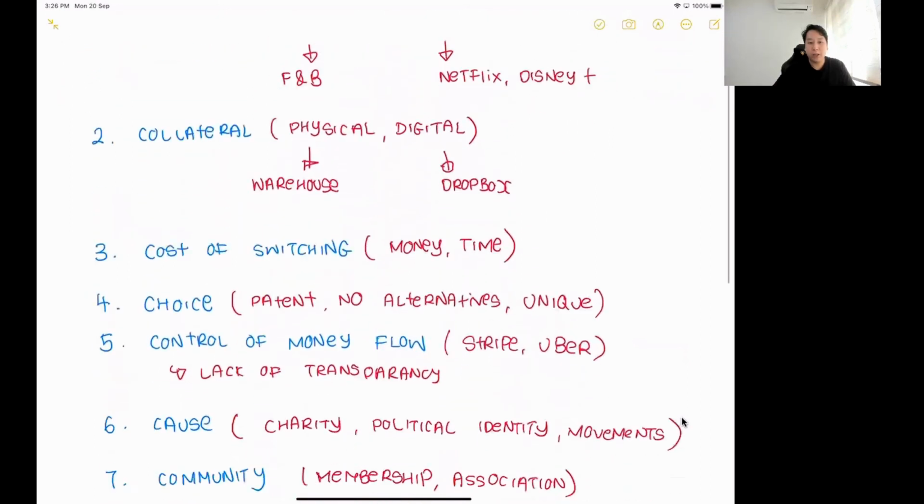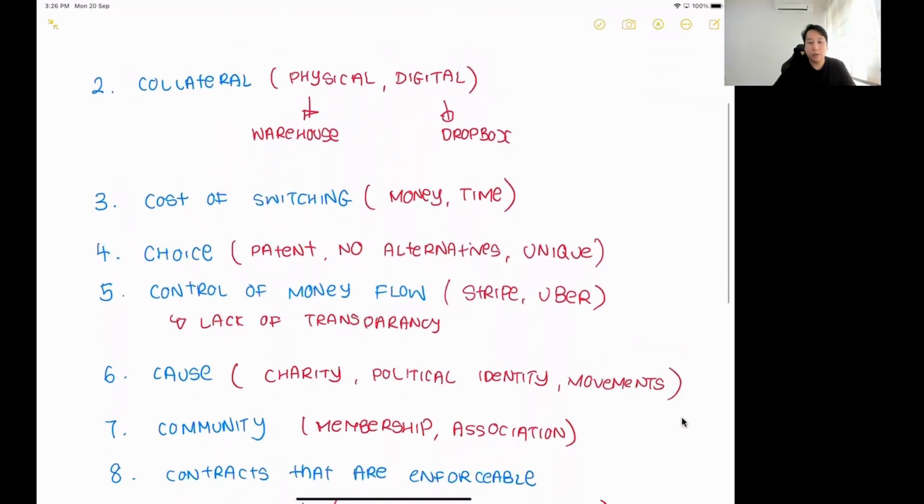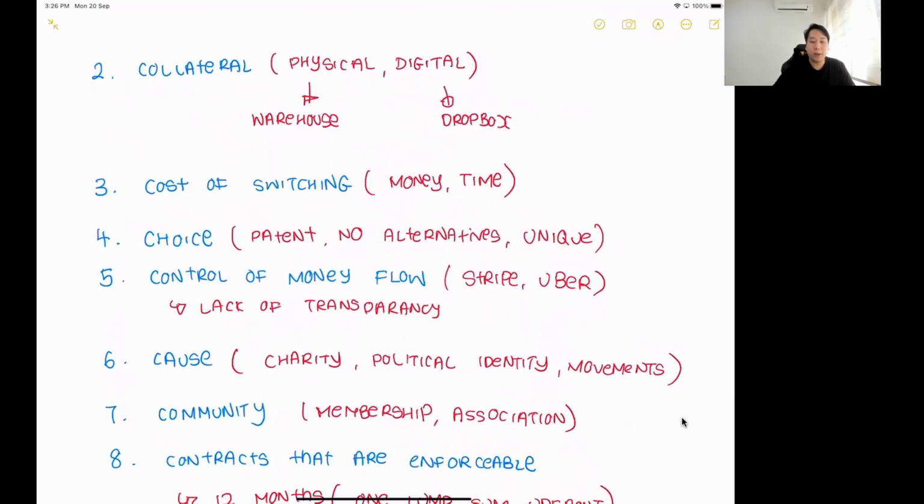Then of course, the cost of switching: whether there's a high switching cost when they use your product or services, and whether there is little to no choice for the consumers. And of course, the control of money flow. What you want to do is take up the fees first before you pay out to your customers or clients. That will really help you to increase your recurring revenue.